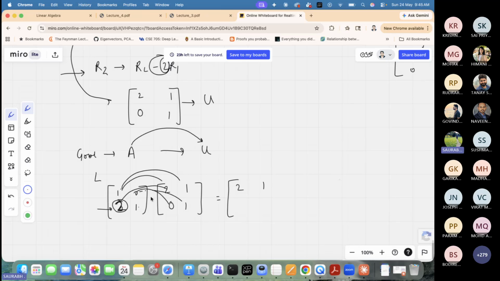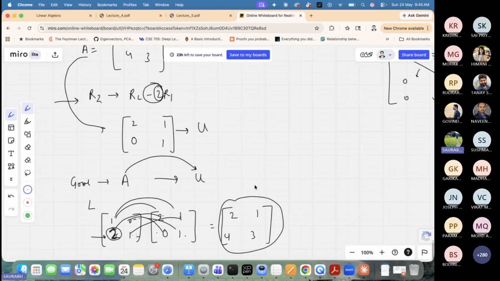Then 2 into 2 plus 1 into 0 should be 4. Then 2 into 1 plus 1 into 1 should be 3. So what you have got is 2, 1, 4, 3, which is eventually what your A is.